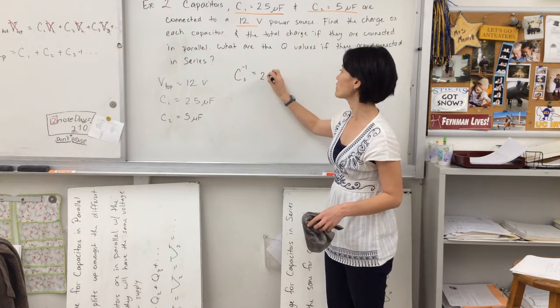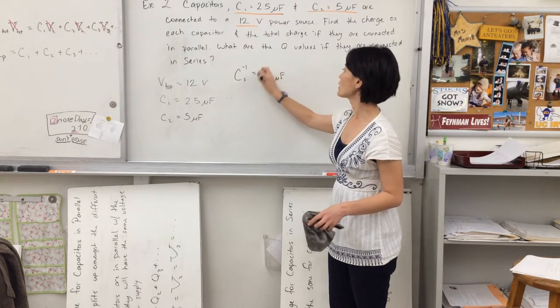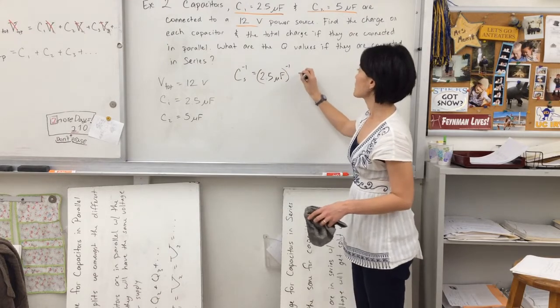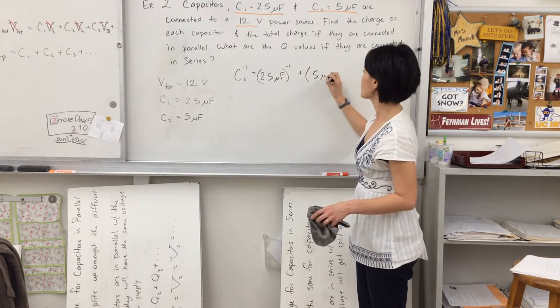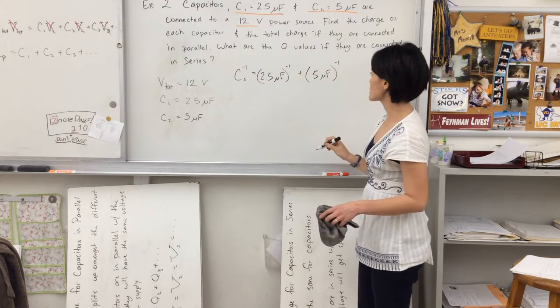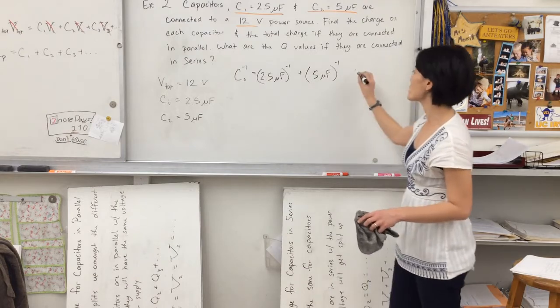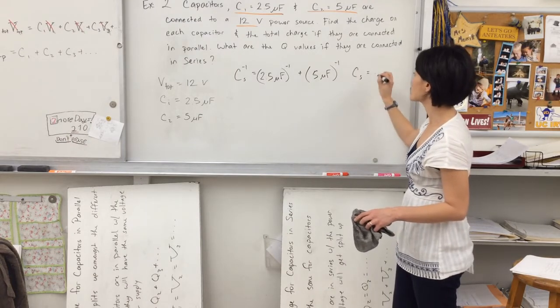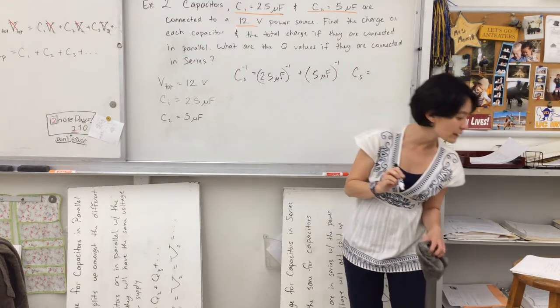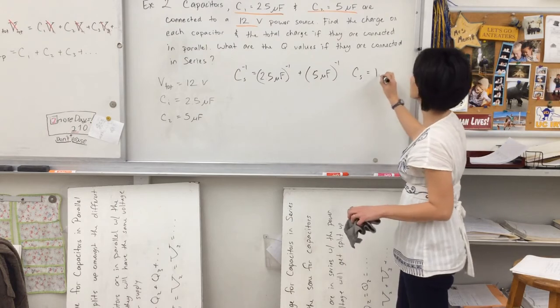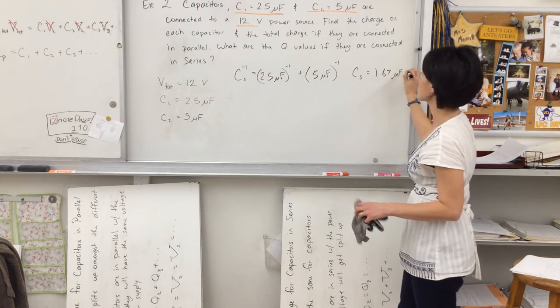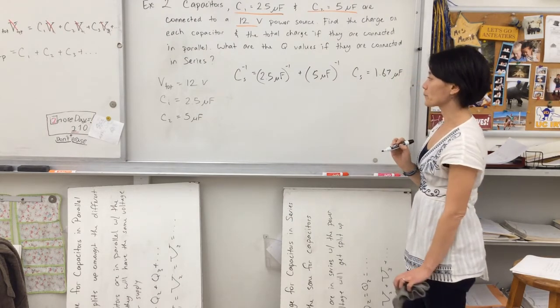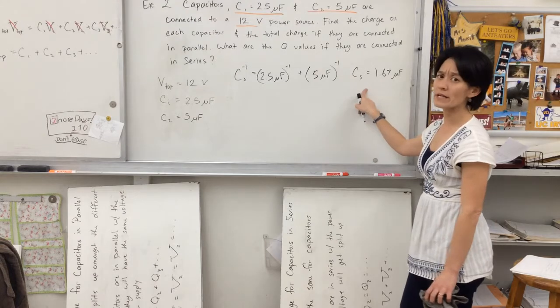So this would be 2.5 microfarads inverse plus 5 microfarads inverse. And when I do that, the capacitance in series ends up being 1.67 microfarads. You can check that if you'd like.